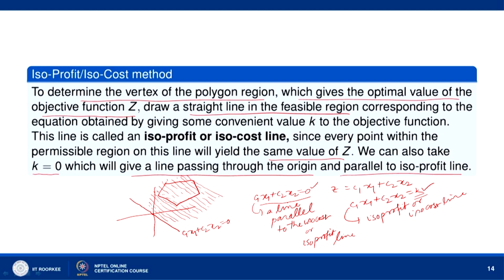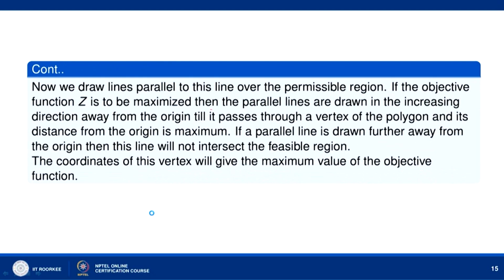This vertex is the farthest from the origin. The distance of this line from the origin must be the greatest, the maximum.